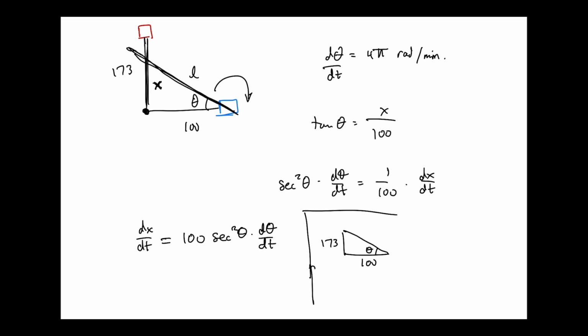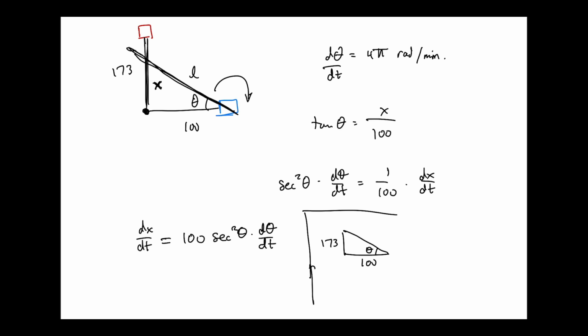So the particular configuration is this triangle where it's 100 on the base, because the lighthouse was 100 yards offshore, and then 173 was the distance between the perpendicular and the hotel.